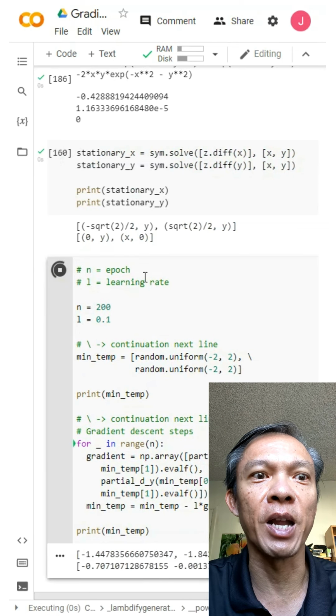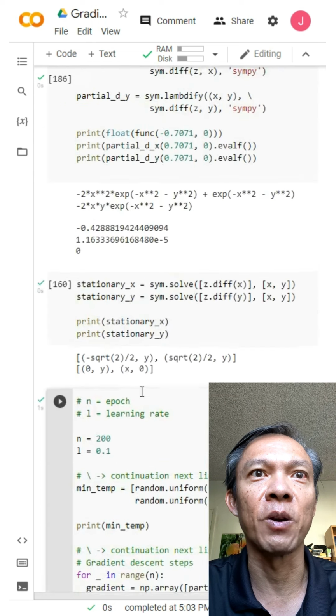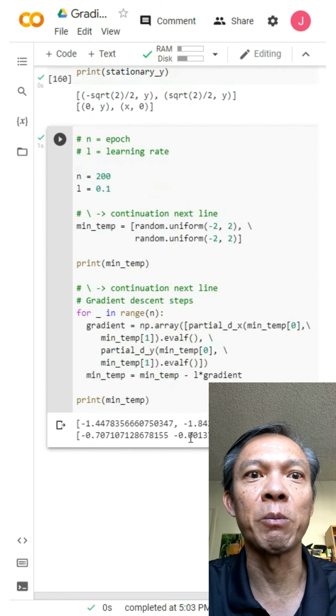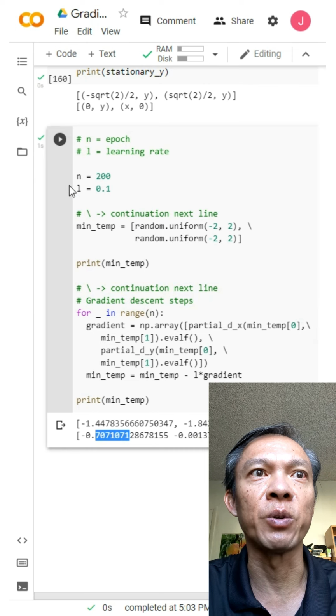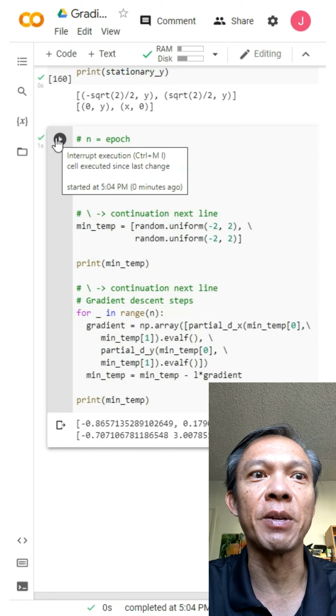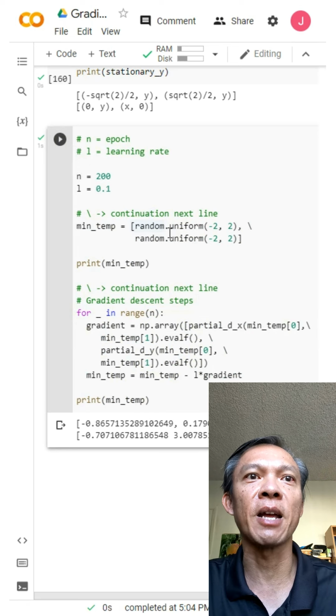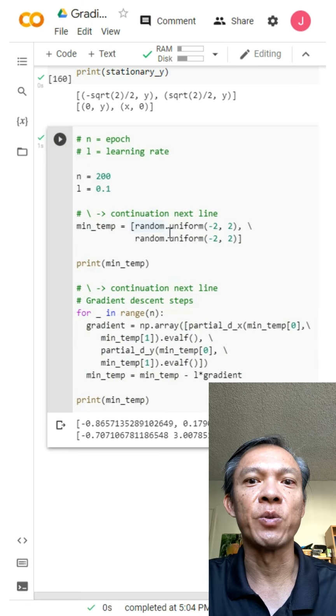So if I run the example again right here, you notice that if I started on the minus side, x on the minus side, I'll be able to find the approximation close enough to 0 and to square root of 2 over 2. But if I started on the other side, you notice that it does not give us the correct result. So here's an example of gradient descent in 2 dimensions.